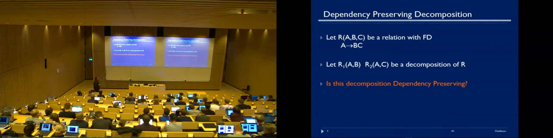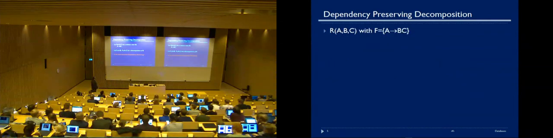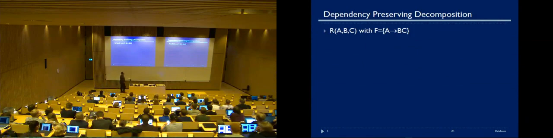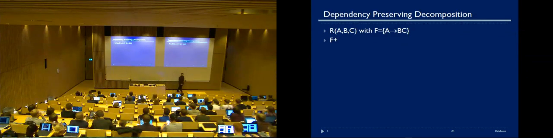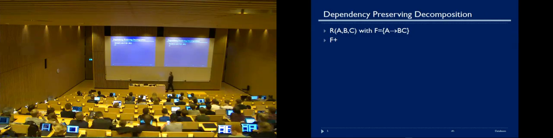But what's the systematic way? How can we convince ourselves? Let's do it in a fully convincing manner. We have this relation, three attributes A, B, C, and the functional dependency that needs to be preserved is that one. Let's follow some steps. Let's find the closure of this set. And when we do the closure of a set, we do it in a standardized manner. We don't just write dependencies with three attributes on the right-hand side, in any form that they are given.